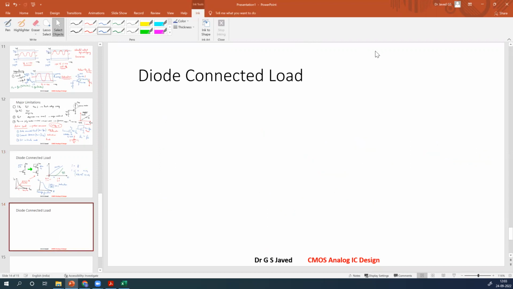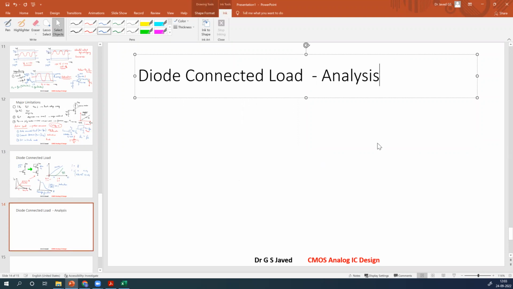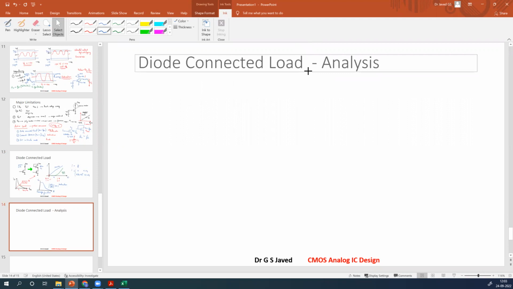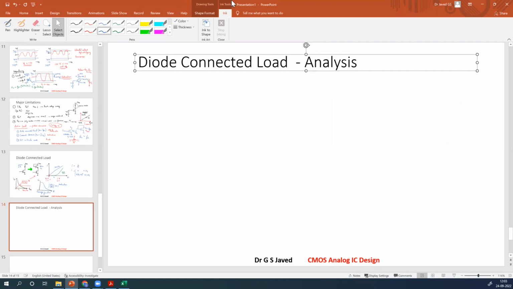We will do a diode connected load analysis, DC analysis, and see how it works. So how does this work? First thing, what is the DC analysis of the diode load?